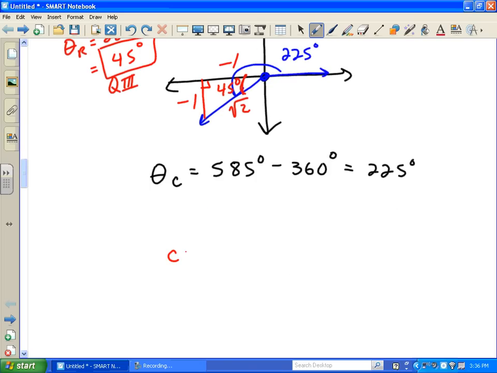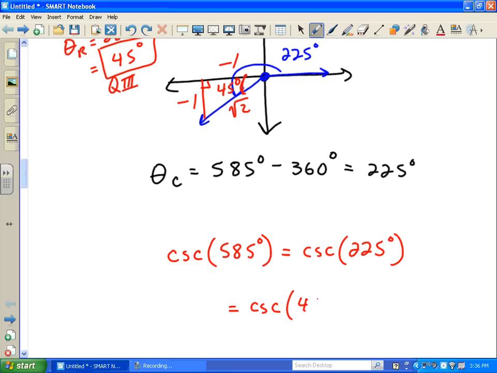Okay, so cosecant of 585 degrees is equal to the cosecant of 225 degrees, which is equal to the cosecant of 45 degrees. Here I have to make sure to specify that this is in quadrant 3. Okay, now you actually don't have to write this string of equalities.